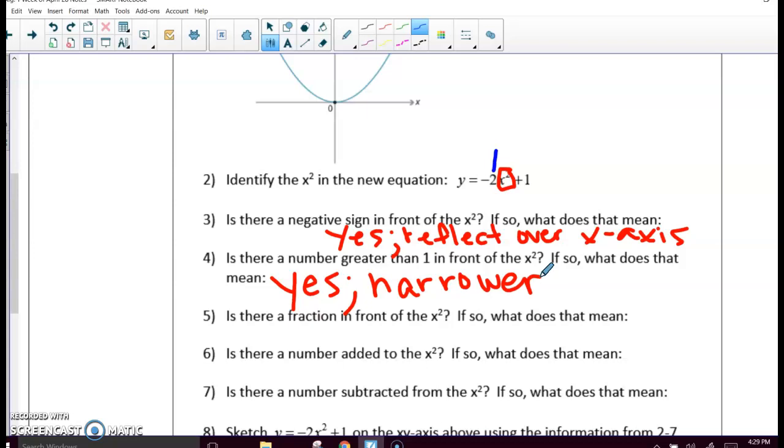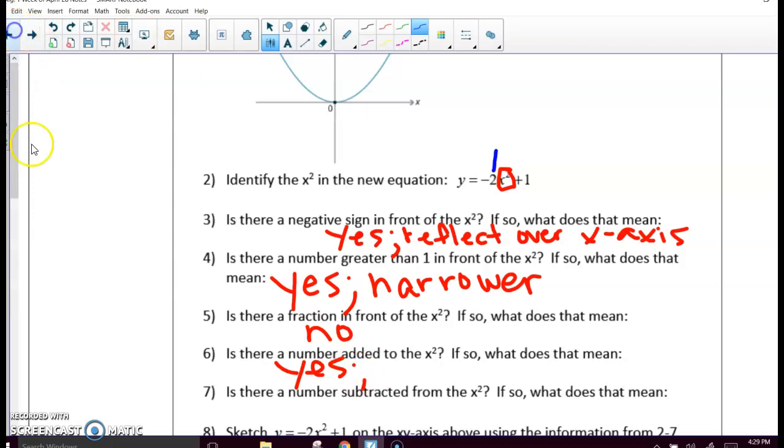Step 5 asks, is there a fraction in front of the x squared? Negative 2 is not a fraction, so my answer to that is no. Is there a number added to the x squared? And the answer to that is yes, it's added 1. So yes. What does that mean?